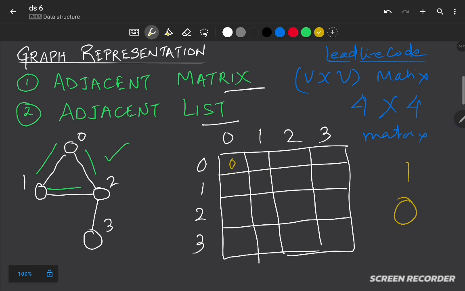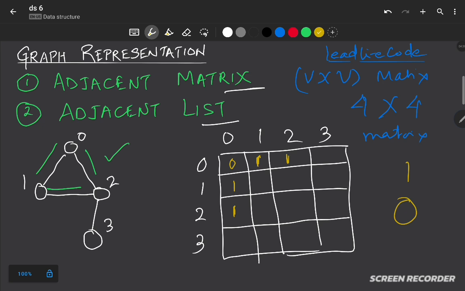Now we have a 0 to 1, right? That we will put as 1. So 0 to 1 and 1 to 0 are both initialized in the same way. Similarly 0 and 2, there is a 1, and 2 and 0 would also fall in the same category.